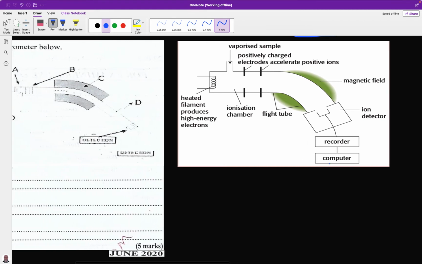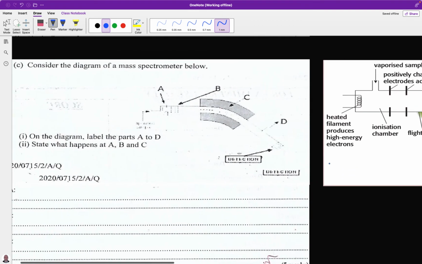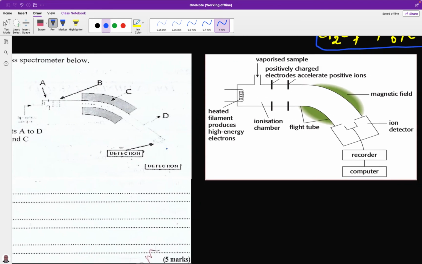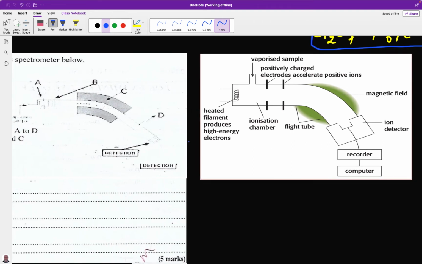Now let's go to our question. Our question says, on the diagram, label the parts A to D. These are the parts labeled A to D here. From our diagram here, A is the vaporized sample.